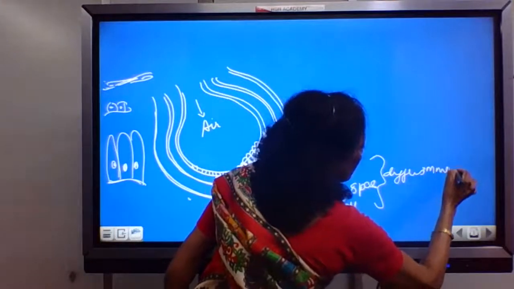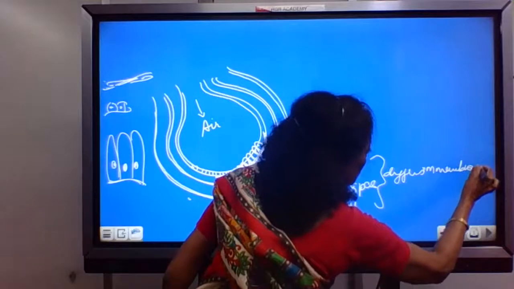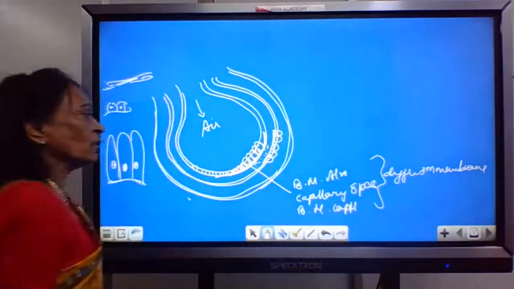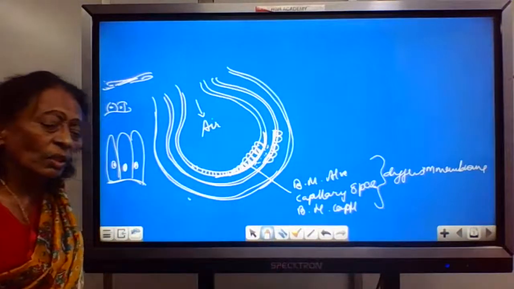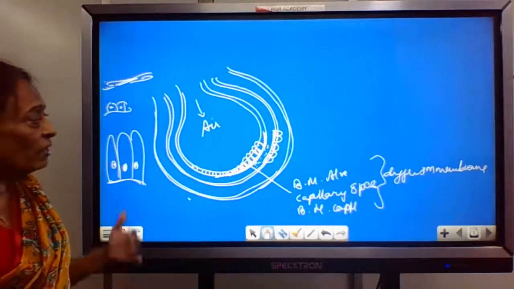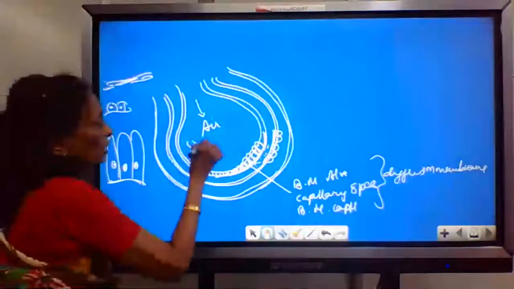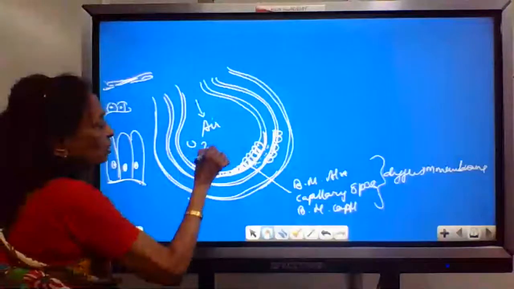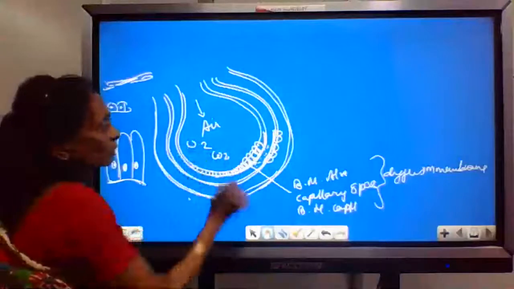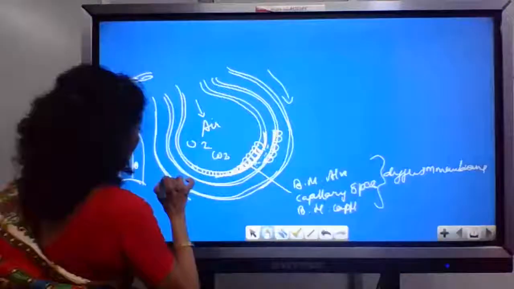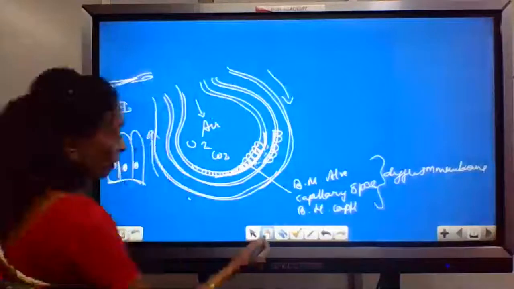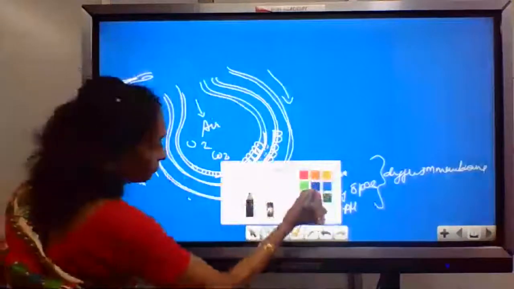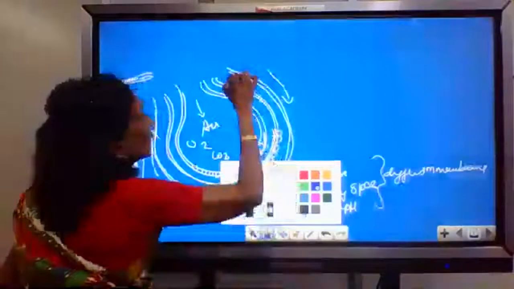Diffusion membrane, through which diffusion is a free flow of molecules across the membrane according to the concentration gradient. Suppose there is O2 here and CO2. The blood which is coming in is through the pulmonary artery.